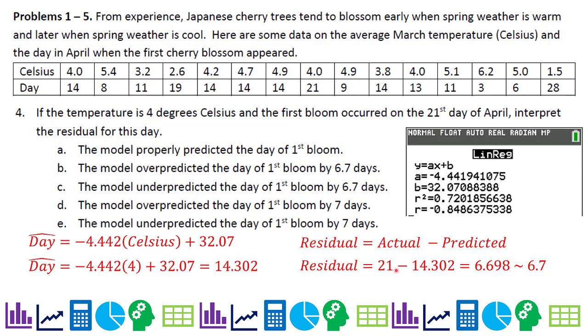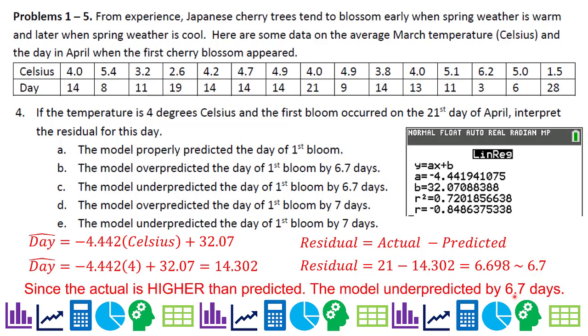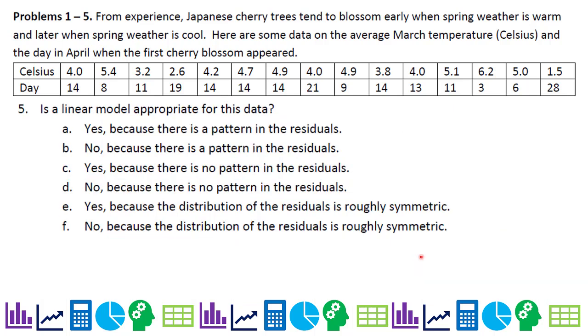It actually took 21 days before the first bloom, and we under predicted by 6.7 days. So remember, again, you can memorize that under predict is a positive residual, or you could just say, hey, what happened? And I think that's the easiest way to keep it straight. So the model under predicted the day of the first bloom by 6.7 days.